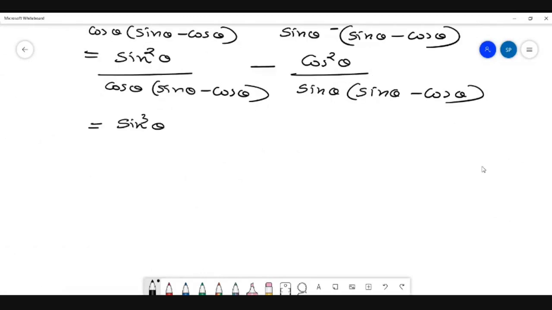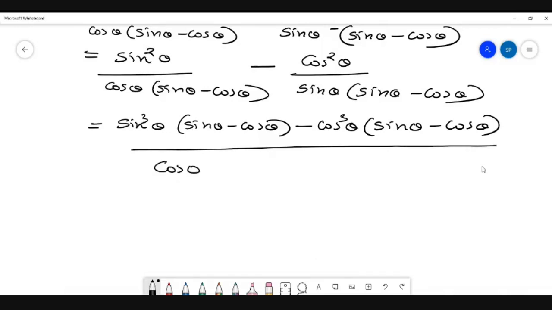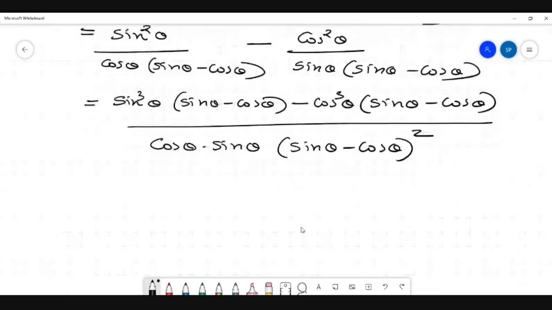We get sin cube theta into sin theta minus cos theta minus cos square theta into cos theta, which is cos cube theta into sin theta minus cos theta, whole divided by the product of the denominators, cos theta into sin theta minus cos theta the whole square. Because sin theta minus cos theta into sin theta minus cos theta is sin theta minus cos theta the whole square.